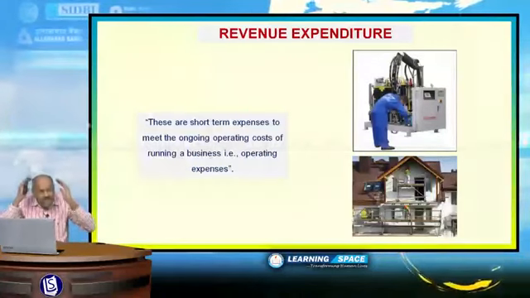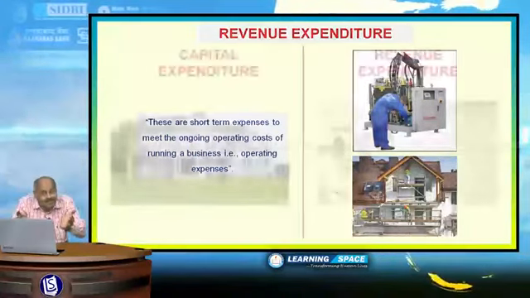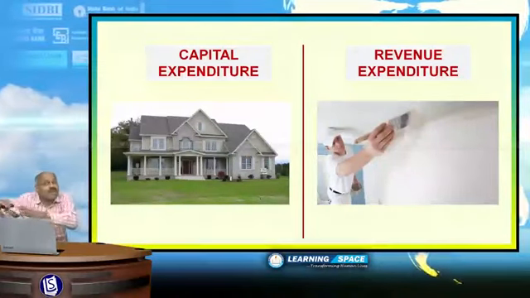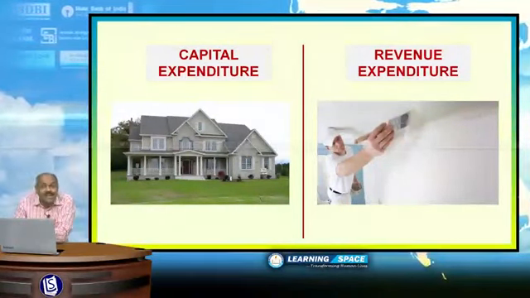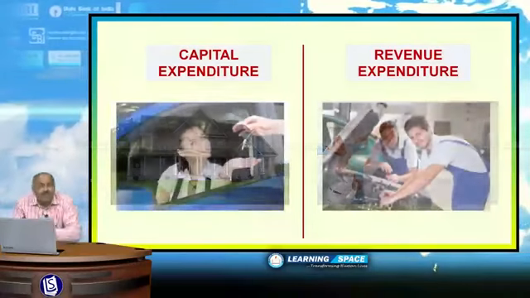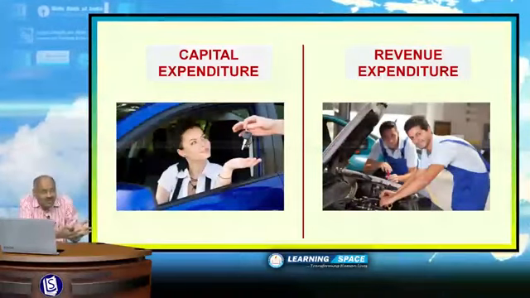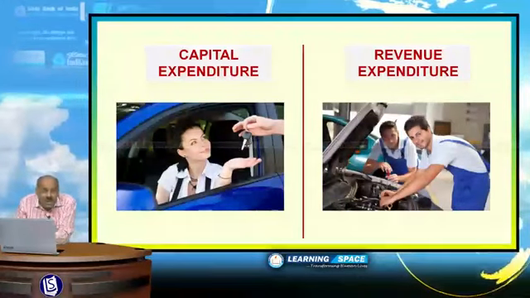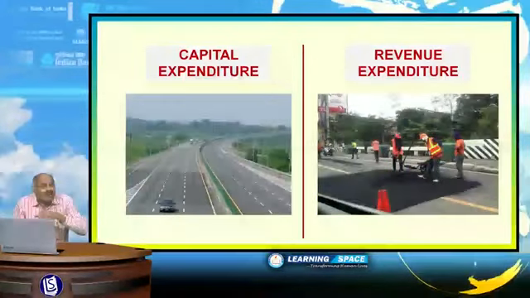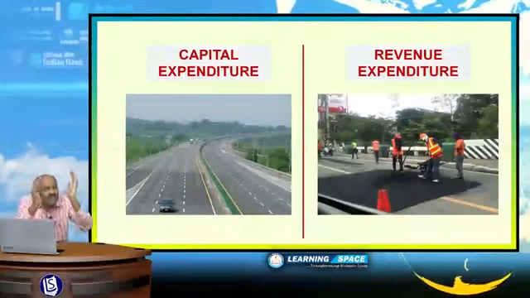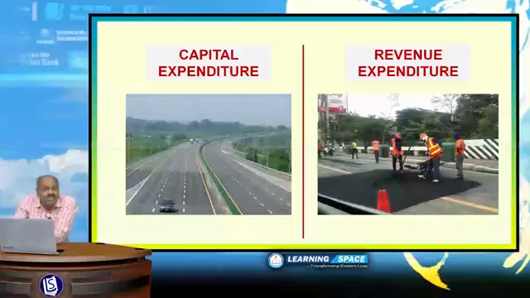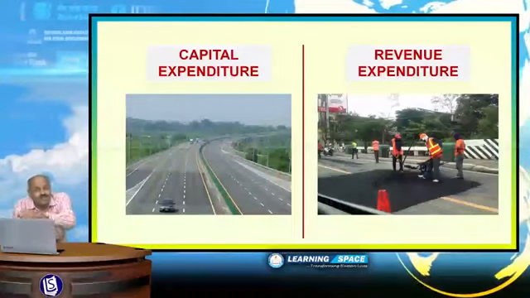At your personal level, purchasing a house is capital expenditure and whitewashing the house is revenue expenditure. Purchasing a car is capital expenditure and doing repairs is revenue expenditure. At the government level, constructing a new national highway is capital expenditure and doing repairs to the existing road is revenue expenditure.